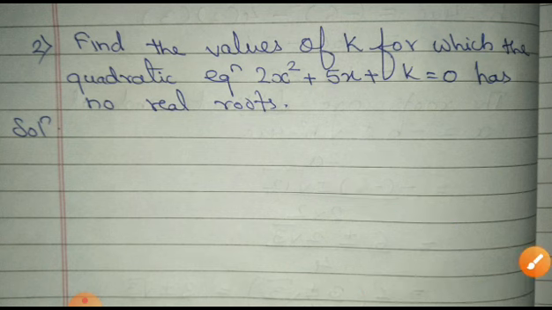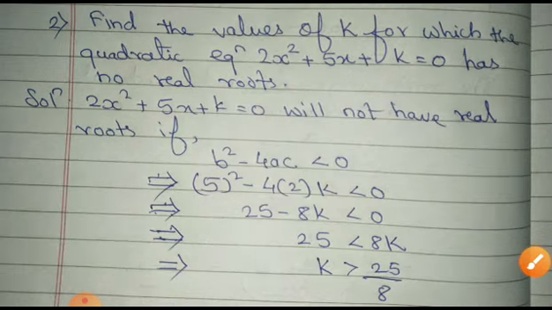Okay. So what I can write is, your 2x square plus 5x plus k equal to 0 will not have real roots if your b square minus 4ac is less than 0. So from the given equation, my value of a is 2, value of b is 5 and value of c is equal to k.